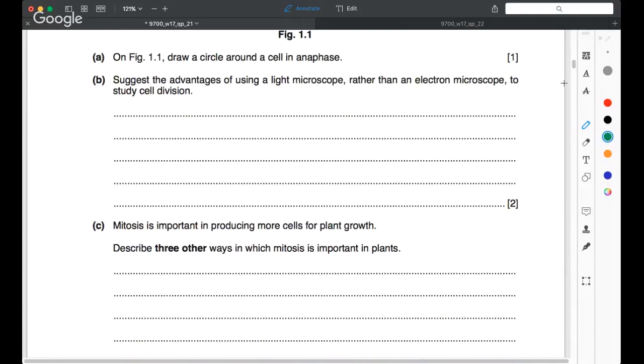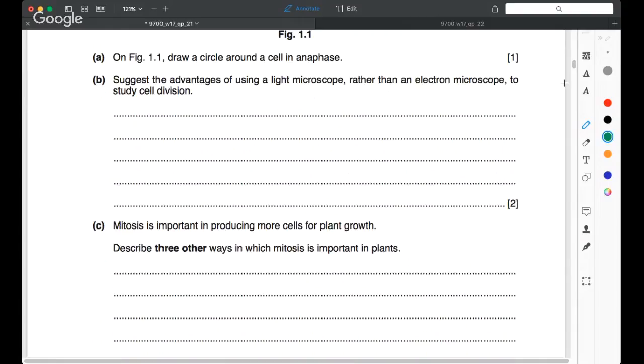Okay, what would you guess? The electron microscope can give us too much detail into the cell that we don't need for cell division. I mean, if you're studying cell division, detail is good. If you want to study it, detail can only help.